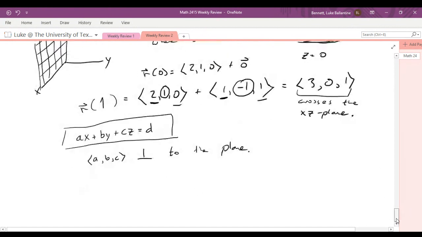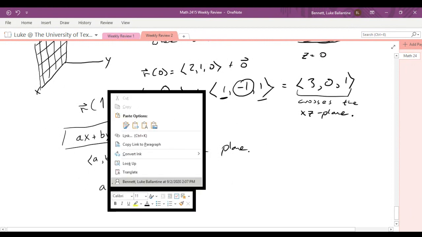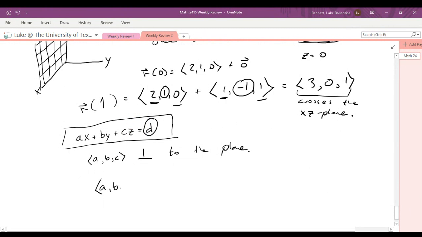To find d, you take a, b, c, the vector that's perpendicular to the plane, dot product with x minus x naught, y minus y naught, z minus z naught, and it equals 0 because they're perpendicular.